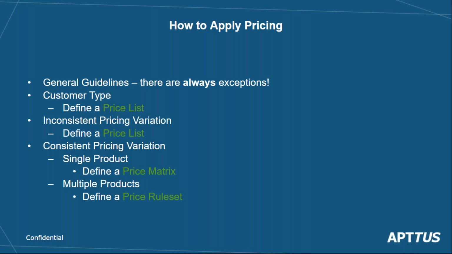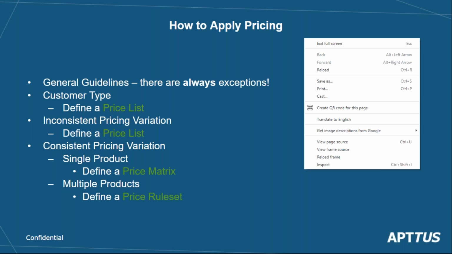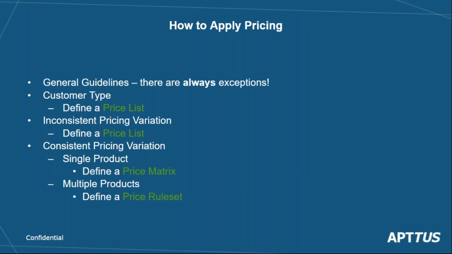It's not mandatory that it will always be the same. But ideally, whenever we have a customer type like US customer, EMEA customer, then we'll use a price list. If it is an inconsistent pricing variation, then also we'll use a price list. If it is a consistent pricing variation for a single product, we'll define a price matrix. If it is for multiple products, we'll define a price rule set.